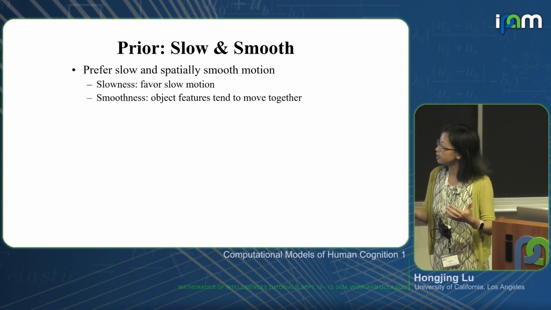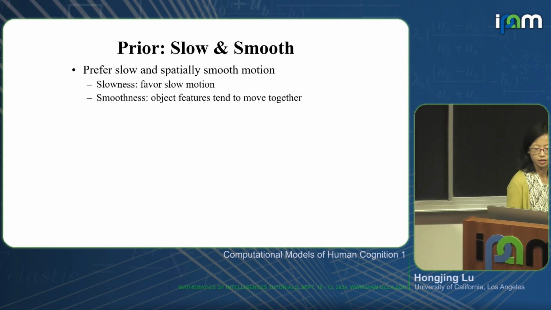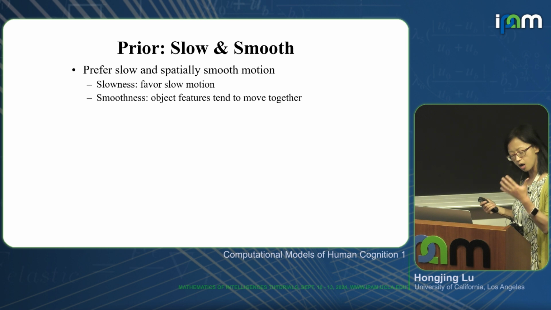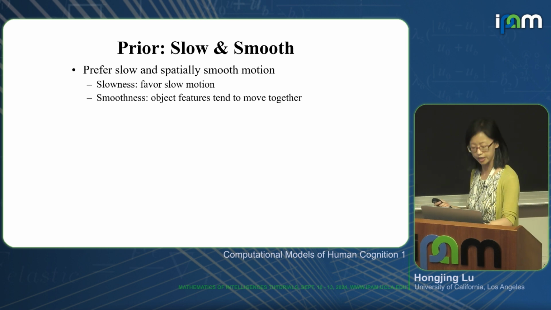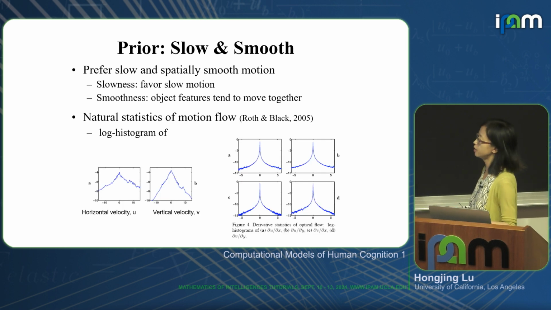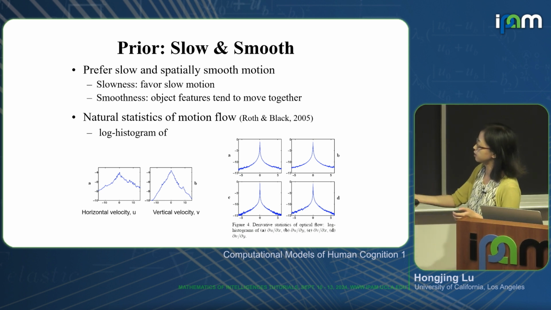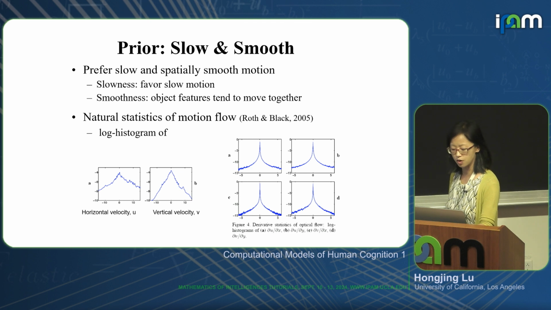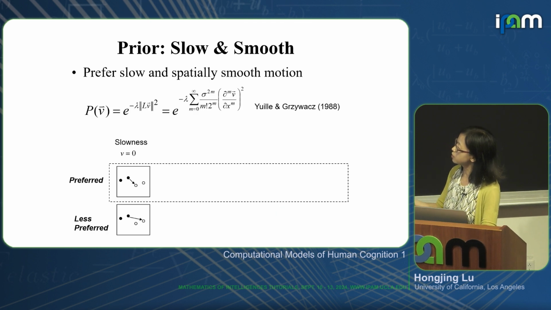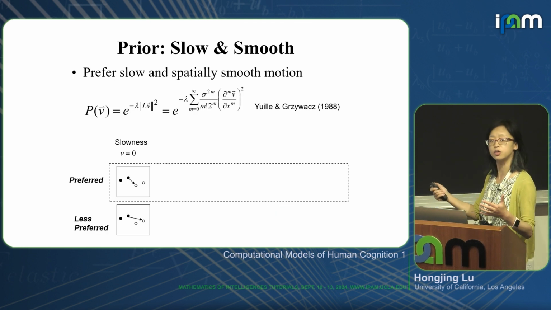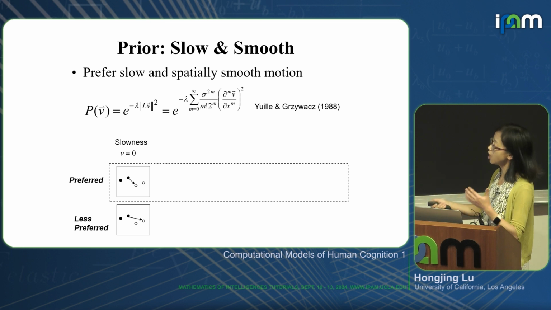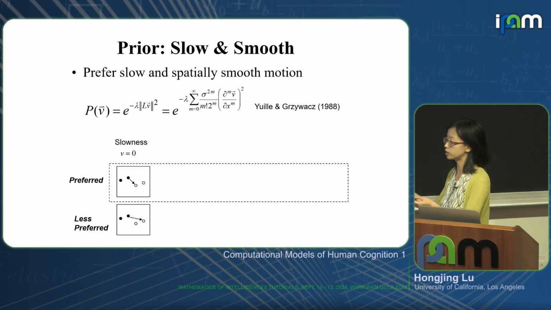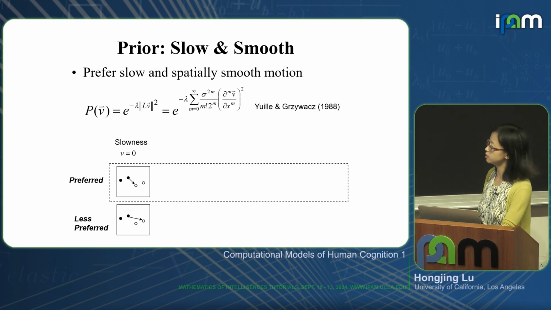Not only do we favor slow motion, we actually favor smooth motion, because object features tend to move together. This also has support from natural statistics measured on videos. So you can change the prior distribution, not just to introduce slowness, but by adding higher orders, you can introduce smooth motion.